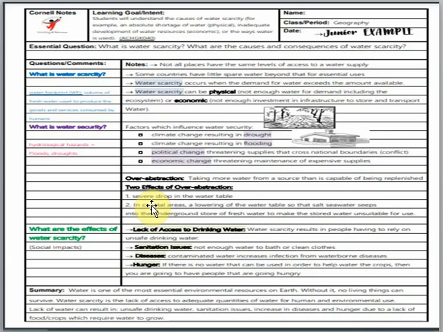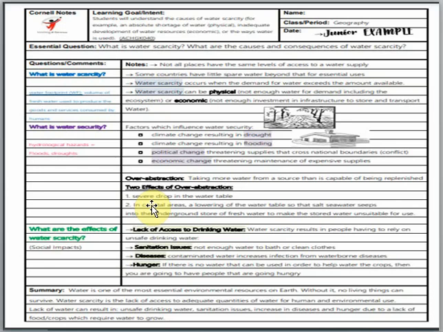On the left side there are questions: water scarcity, what is water scarcity, and what are the effects of it. On the right side they have factors which influence water security. Then in the notes, they have also drawn some diagrams, and they have highlighted in black key facts: physical, economic, over abstraction, two effects of the over abstraction they have given.